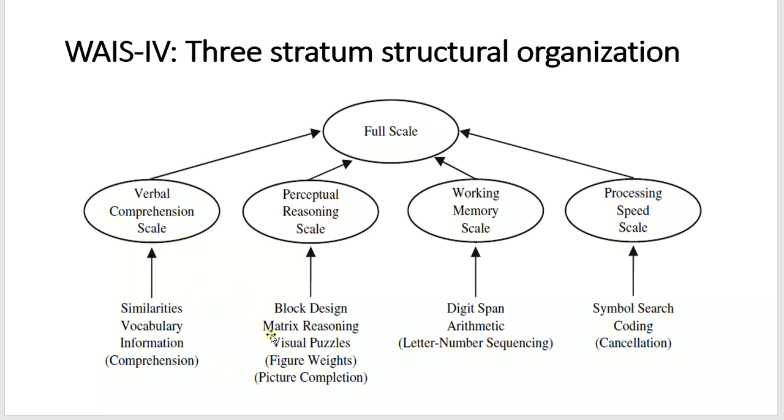Similarly, block design, matrix reasoning, visual puzzles, when these three are combined, they form perceptual reasoning. The tests written in parentheses are optional subtests. So these are the narrow abilities as defined in Carroll's theory. These are the broader cognitive abilities measured by WAIS 4, and at the top is full scale IQ, which is like g, the general mental ability. So this is the organizational difference.